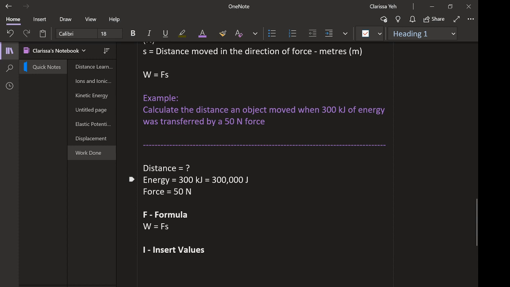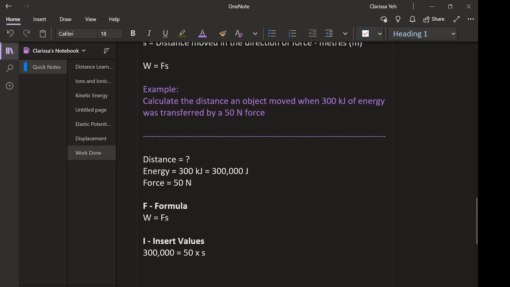Yeah, I have 300,000 joules of energy transferred is equal to, do I have something for F, my force? Yep, I have 50 newtons, it's up here. And then do I have a distance traveled? No, I do not, so I'm going to leave it as that. So that's 1 mark for me already. I've inserted all my values.